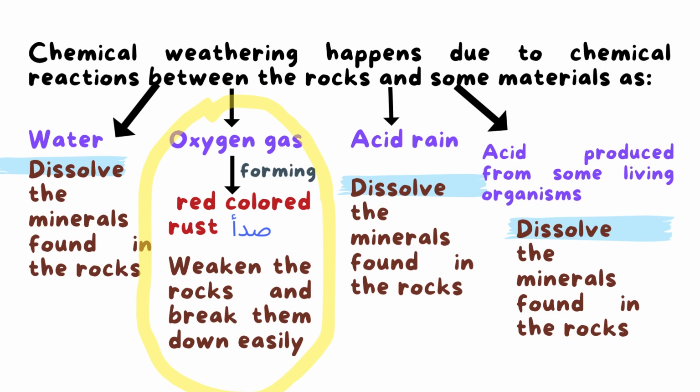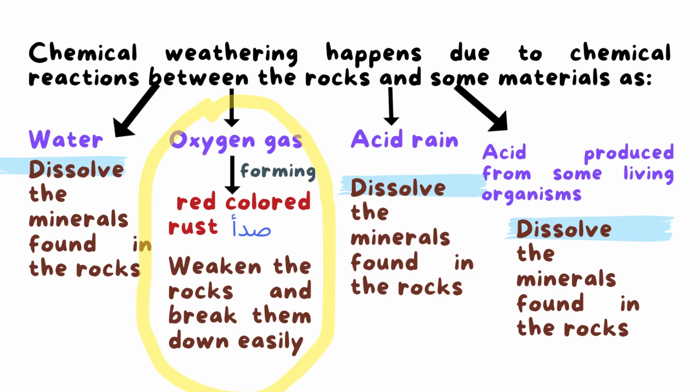So, we can say that chemical weathering happens due to chemical reactions between the rocks and some materials, as we have 4 materials that react with the rock and cause chemical weathering. First one is water, as water can react with the rock and dissolve the minerals found in the rocks.